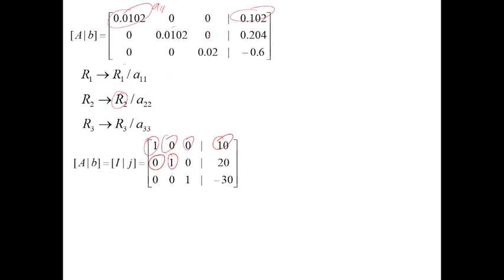And then 0 over A22 is 0. 0.204 divided by A22, 0.0102, gives 20. Likewise for R3, 0.02 over 0.02 gives 1. Negative 0.6 over 0.02 gives negative 30.